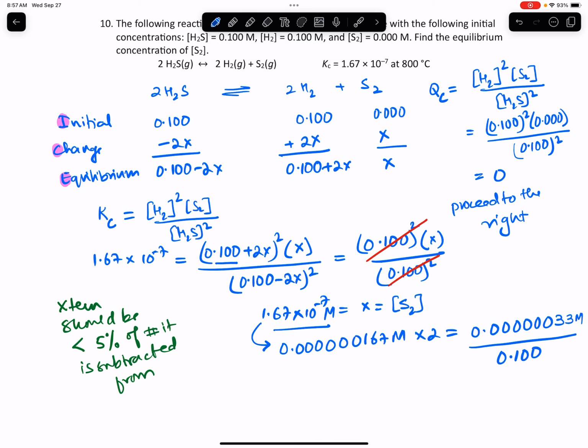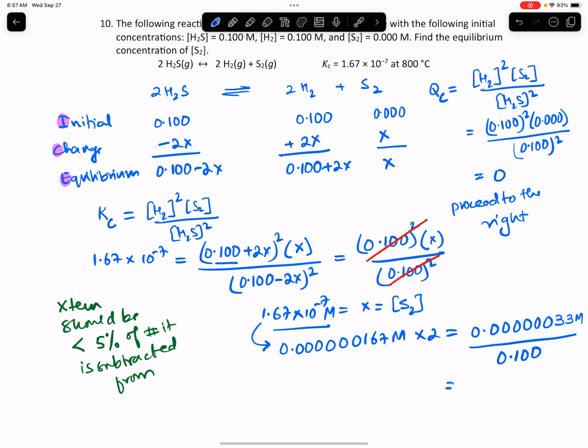As you can see, there are so many decimal places here, and if you take the ratio of that number, let me do that in my calculator: 0.0000033 divided by 0.100.